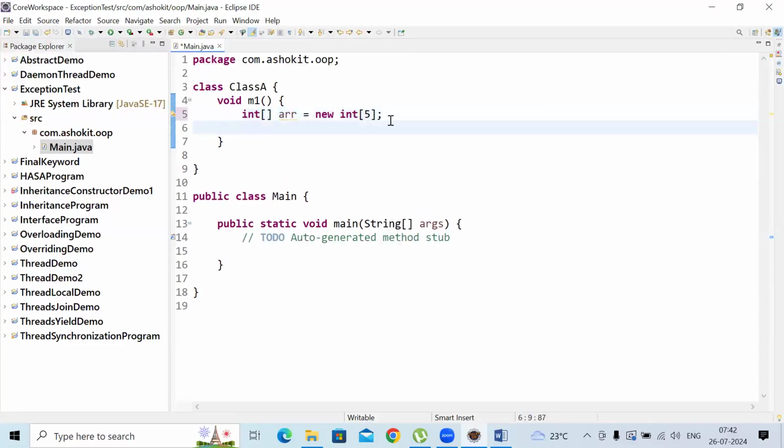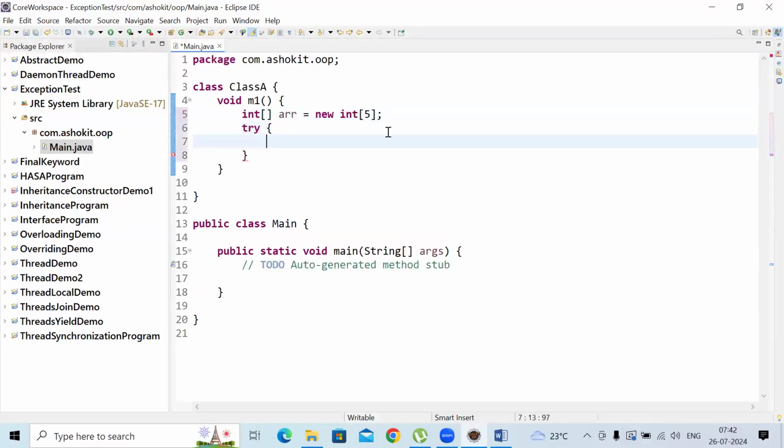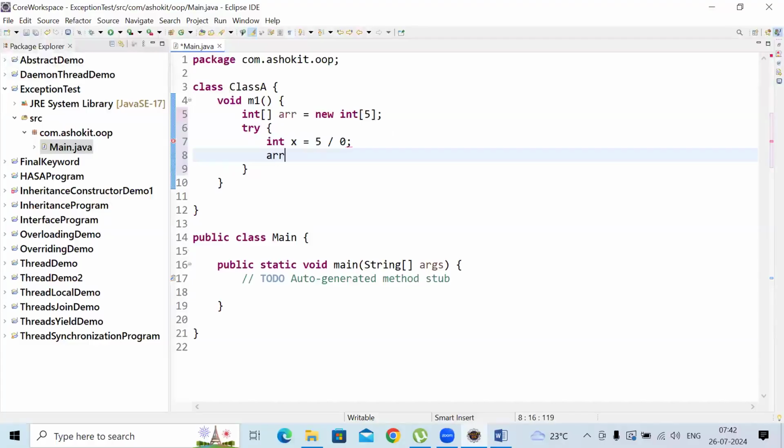Now I start the try block. In the try block, I'm writing int x is equal to 5 divided by 0. Next I'm writing arr of 5 equal to 50.